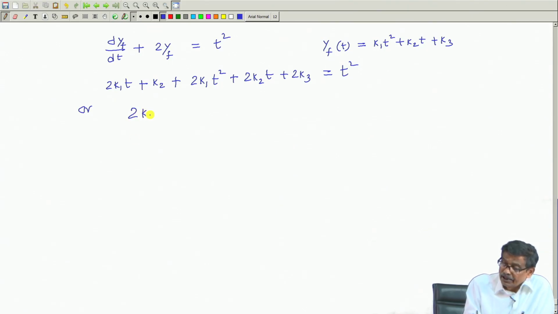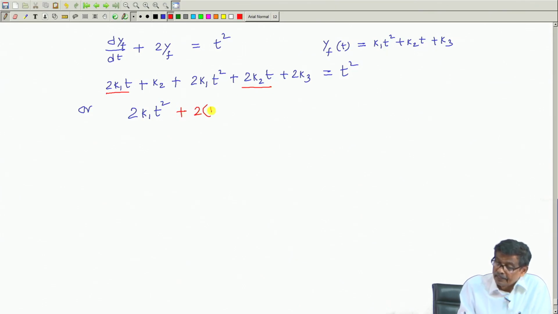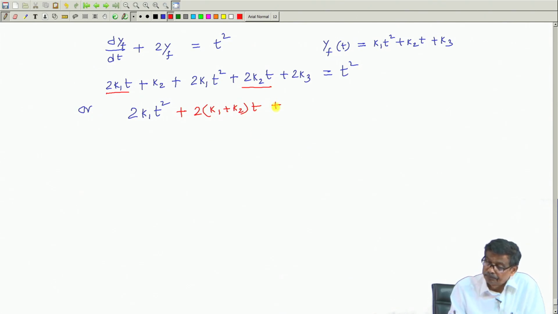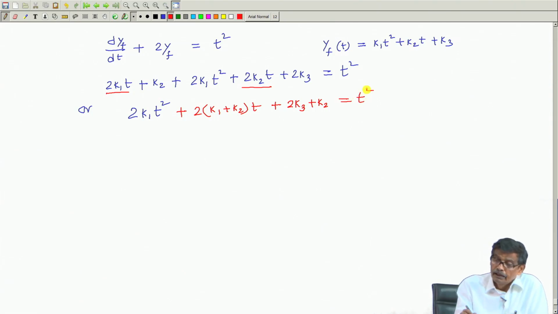So, it will be 2 k1 t square term. What are the t terms? This is (2 k1 plus k2) into t, and plus the constant term, that is 2 k3 plus k2, and this is equal to t square. Now, this thing has to be true for all time t, no matter what the time is.